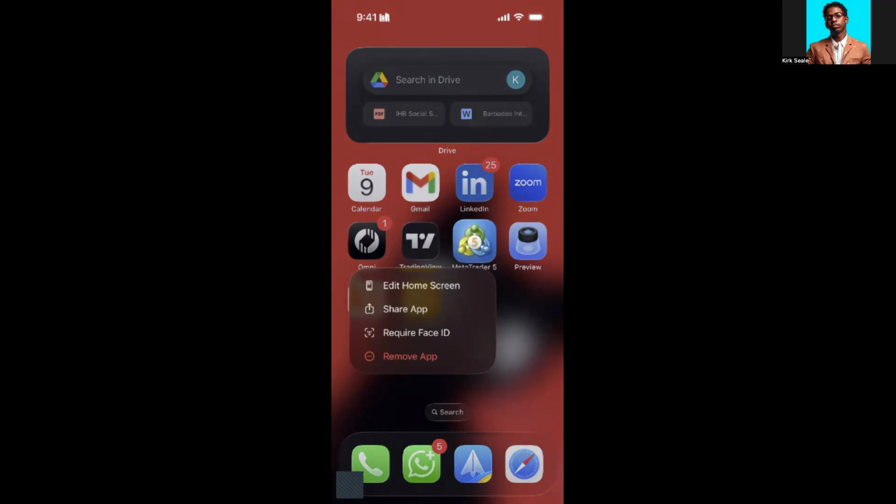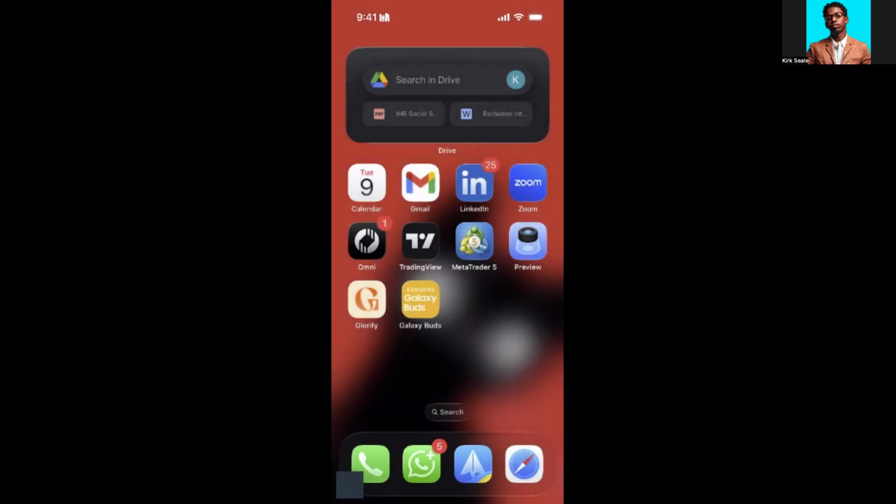Do you have this as yet? If not, you can go to your app store, the Google Play Store. You could type MetaTrader 5. Then I also need to get you guys into the getting started chat so you can see how to add your accounts and all of that.